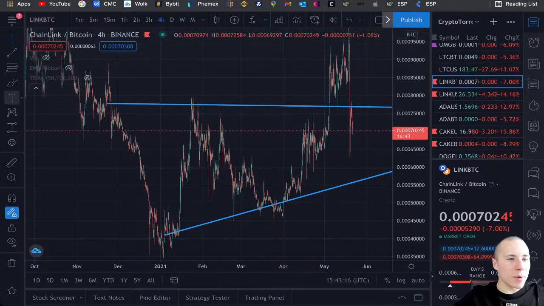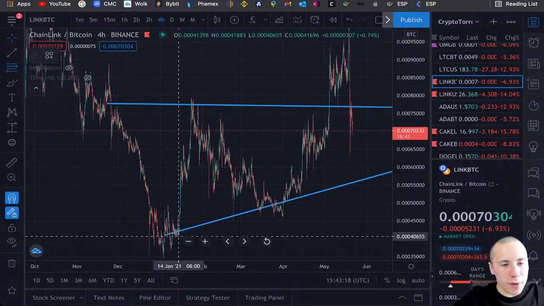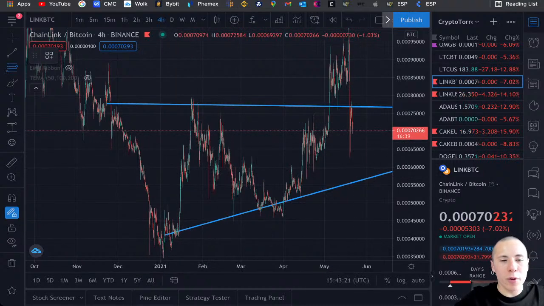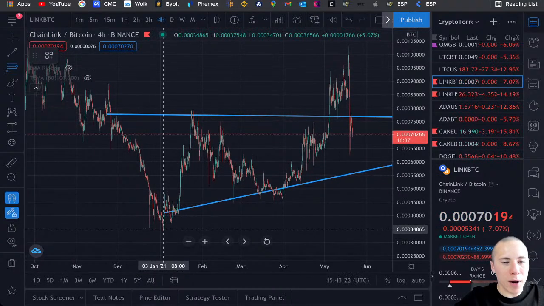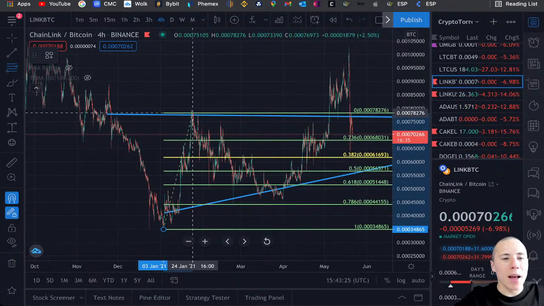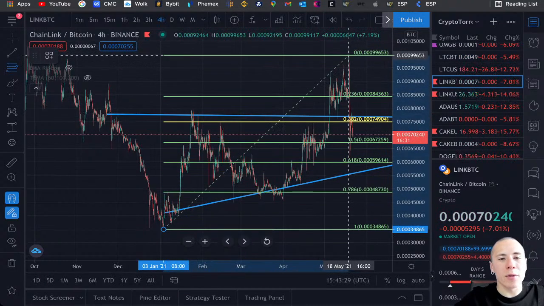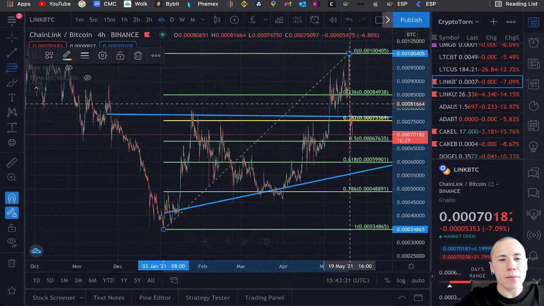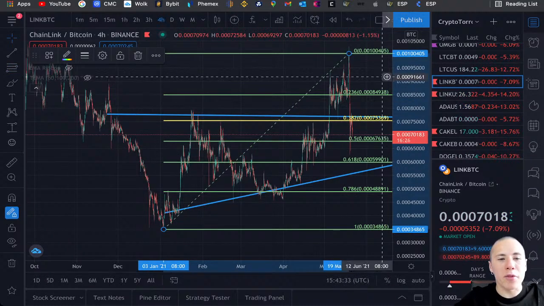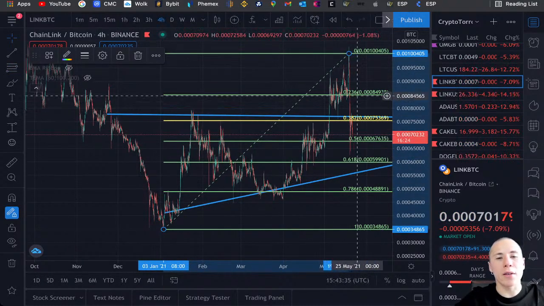Let's take a look at Fibonacci retracement to see where we will possibly find support right now when we are going down. Let's take a look from swing high towards the swing low of the uptrend that we are seeing over here being created.